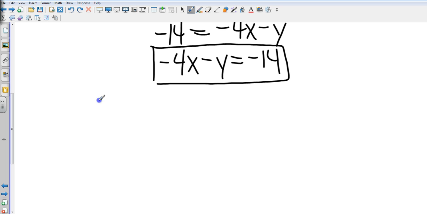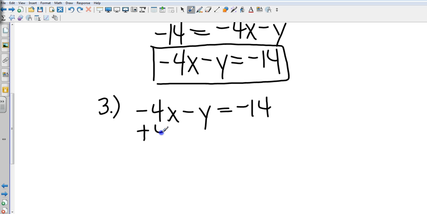Now, number 3 is put it in y equals mx plus b form. So let me bring this down here. In this case, I'm going to add 4x to both sides.